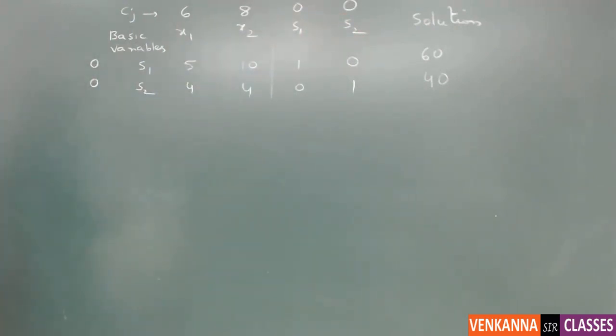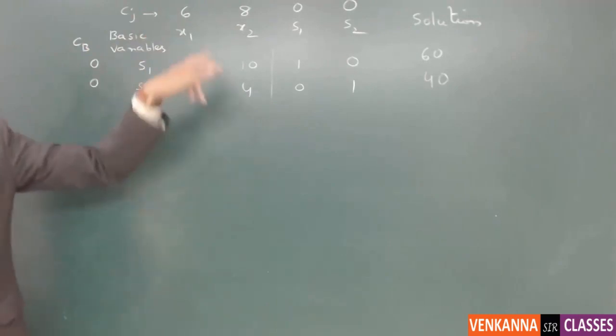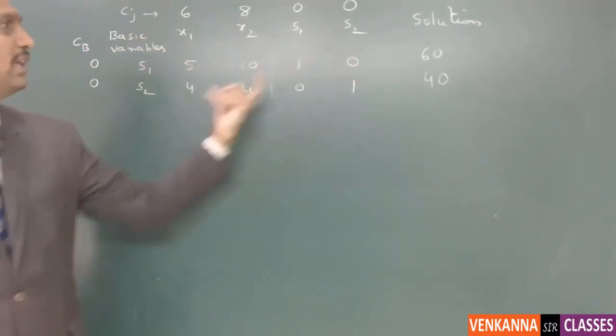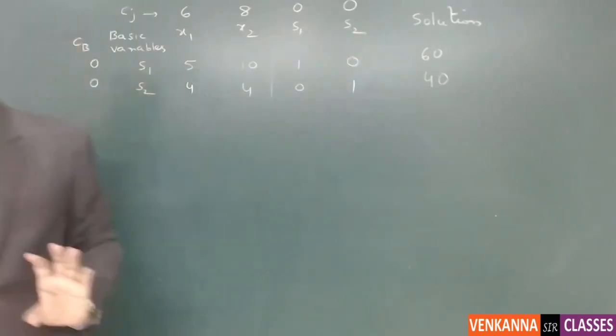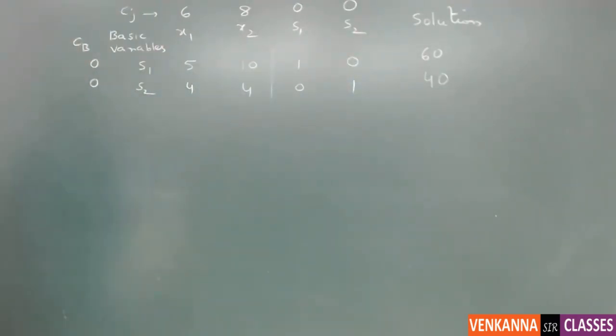So please check the tabular form I have written. These are the basic variables. These are coefficients of the basic variables. These are objective function coefficients, with the corresponding variables there. This is the matrix form we got, and the condition values are placed here. Clear to everyone?